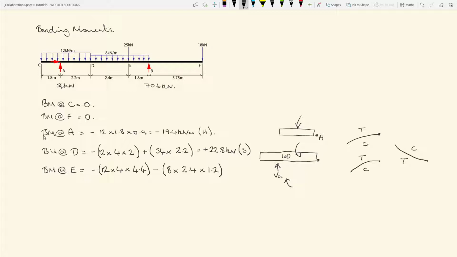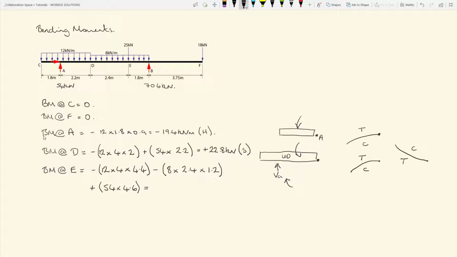That takes care of the UD loads, and the only other load or action we need to consider is the vertical reaction at A. That's going to cause tension in the bottom, compression in the top, so that becomes positive, plus 54 times 4.6, and that is going to equal 14.2.